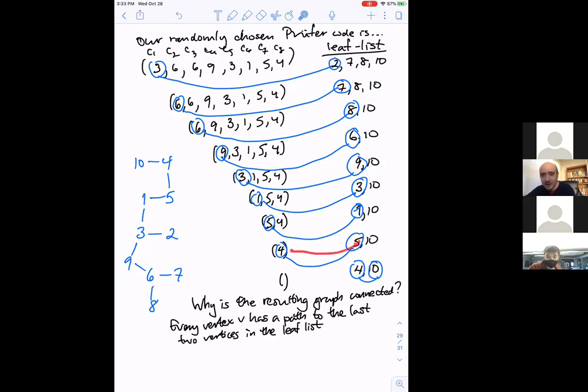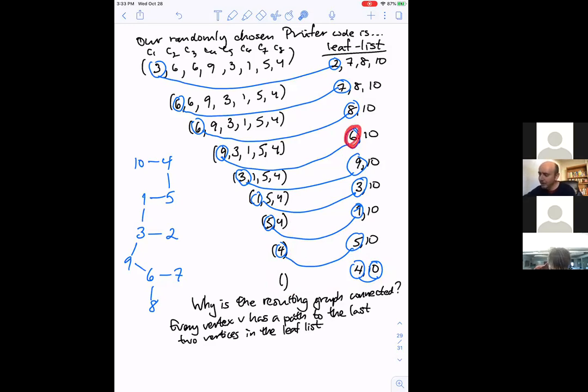Well, when it leaves the leaf list, it gets connected to somebody over here, which was either the 4 or the 10. This one, the 1, how do I know that it has a path to the 4 or the 10? Well, at the moment when it gets crossed off the leaf list, it was connected to one of these previous numbers that we already know had a path to the 4 and the 10, and so on.